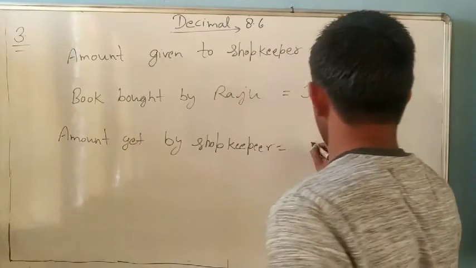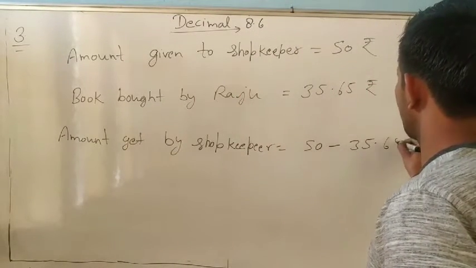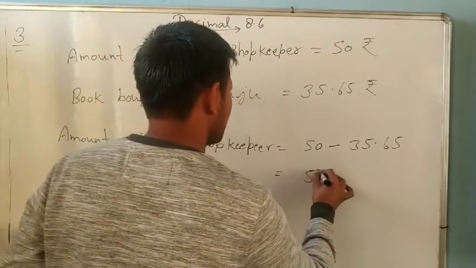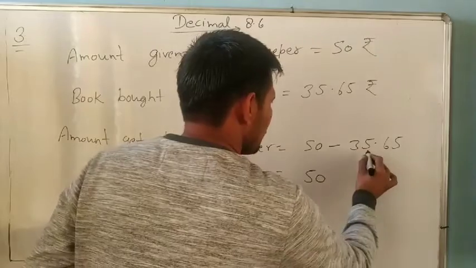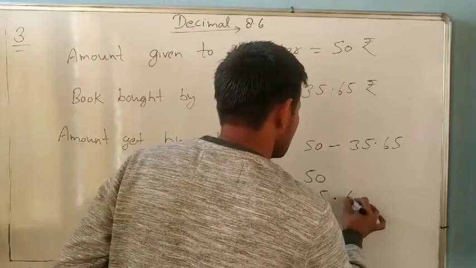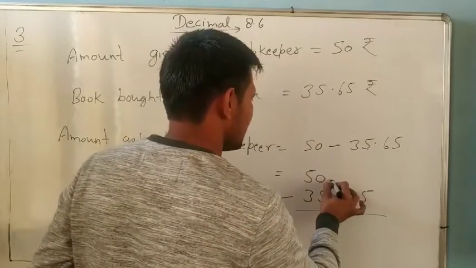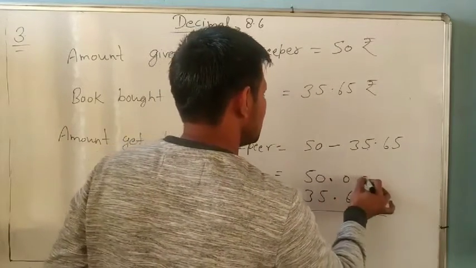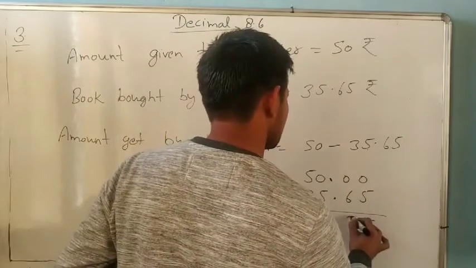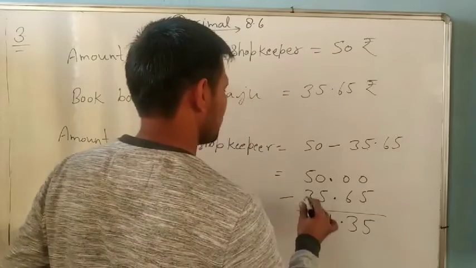So 50 minus 35.65. Either you can subtract directly, otherwise 50, and it is 1's value 5, it is 3. Now decimal 6 5. So it is minus, and if there is no digit in decimal we can add 0.